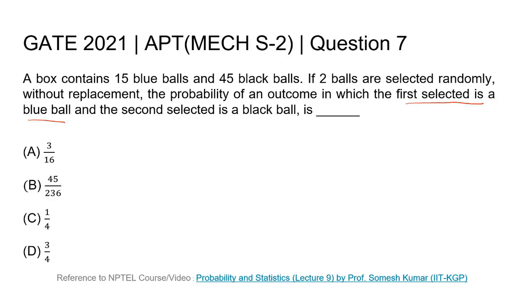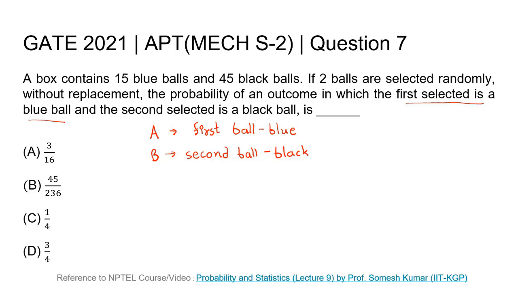So in our question, event A is first selected ball is blue ball and event B is second selected ball is black ball.